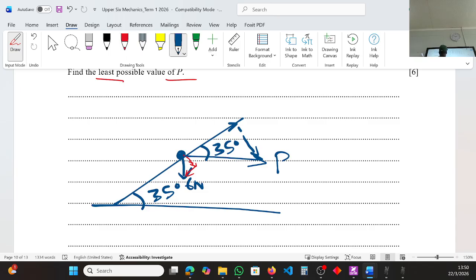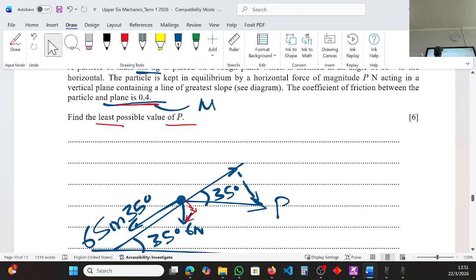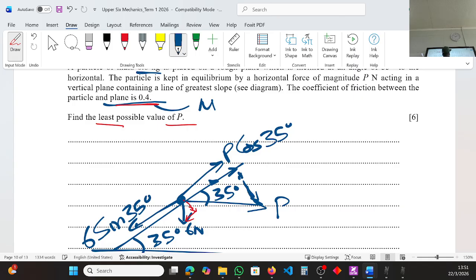So what we know is the force pulling the object downwards is going to be 6 sine 35 degrees. And going up the plane, we have P. We're interested in this component, so it's going to be P cos 35 degrees. And this component here is actually P sine 35 degrees.